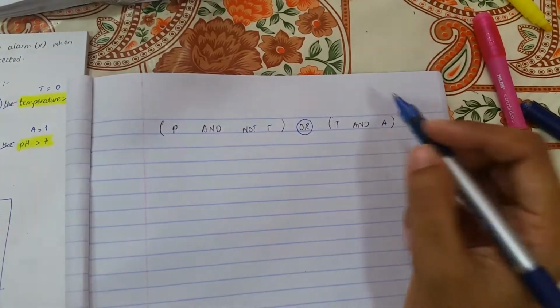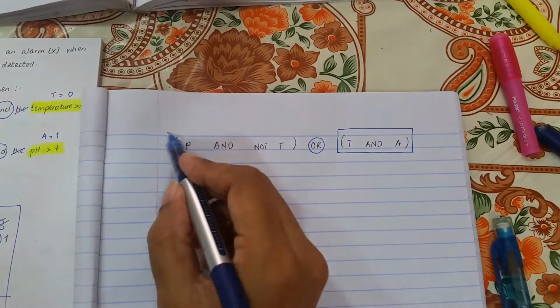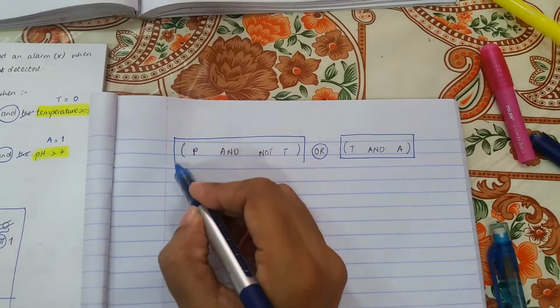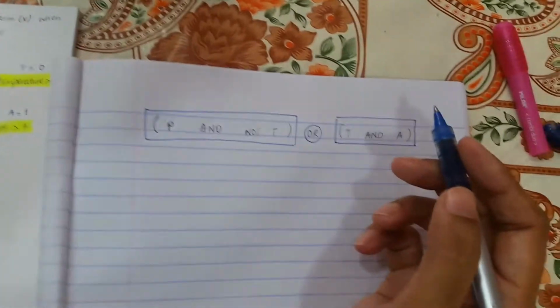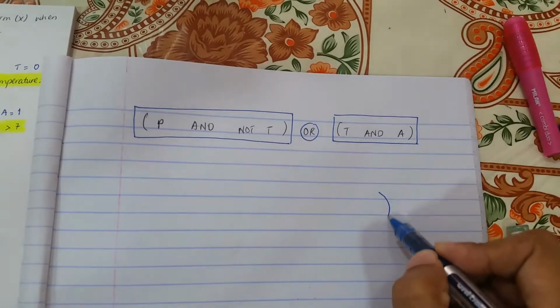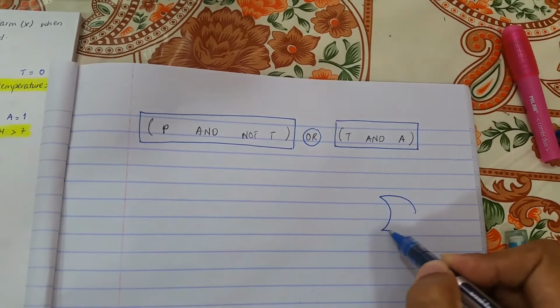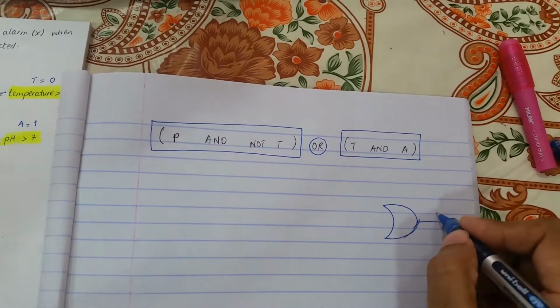It separates two expressions, just like we explained in earlier videos. So I am going to draw my OR gate here, always on the far right. So this is the output alarm.